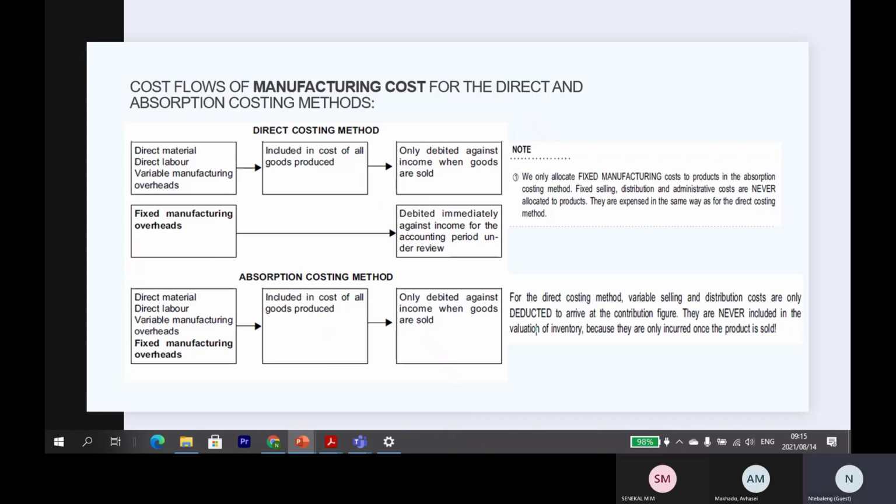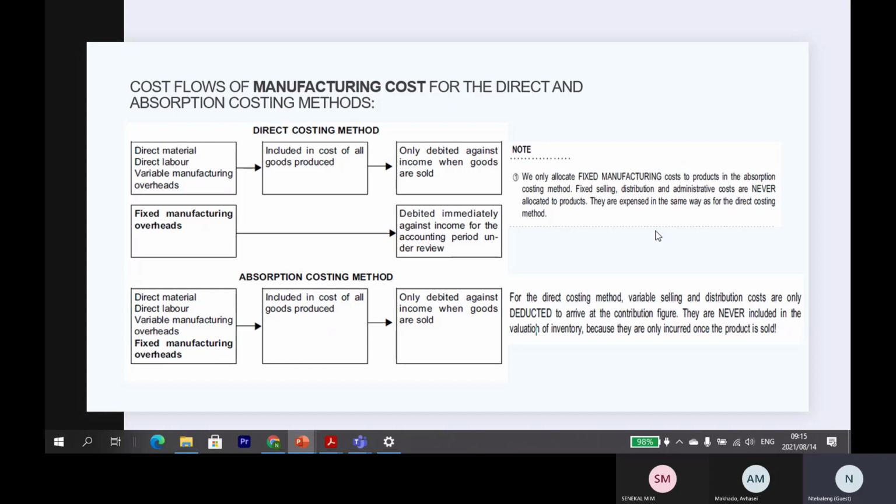So when I say fixed, it's specifically the manufacturing, the one that contributed to the production of those goods, not fixed costs attributable to the selling or maintaining of the general operation of the company.